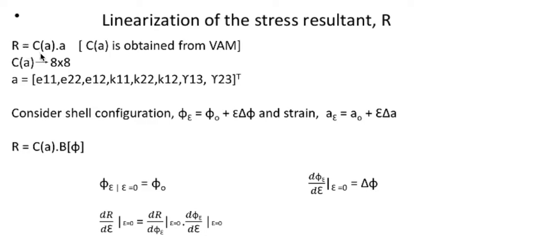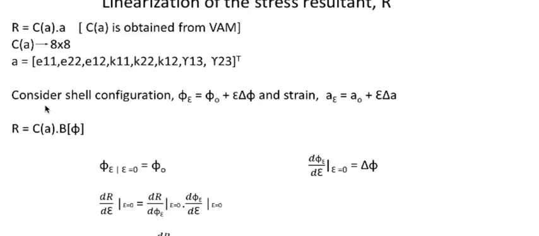So this can cover any kind of expression of R, because all the nonlinearity we are capturing within C, and one 8 by 1 vector we are keeping out to keep it in a standard format. So C of A is nonlinear and A is just a strain vector 8 by 1, which can be represented like this over here.